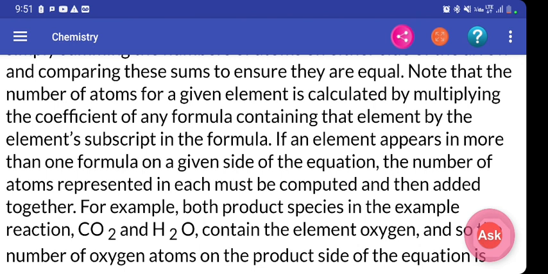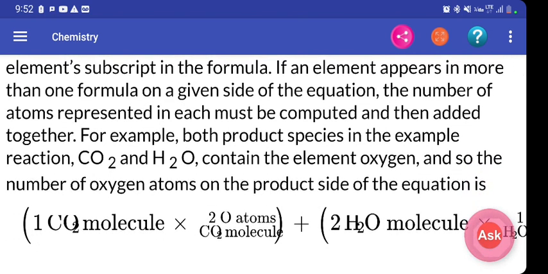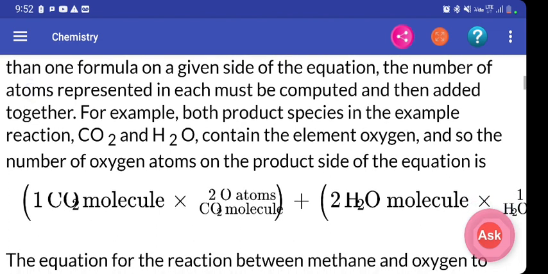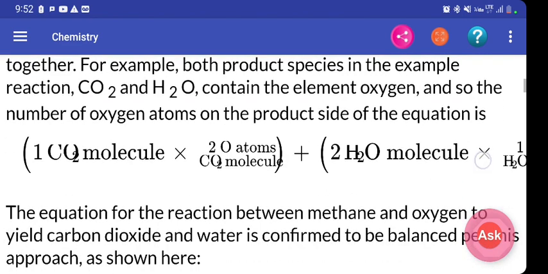If an element appears in more than one formula on a given side of the equation, the number of atoms represented in each must be computed and then added together. For example, both product species in the example reaction, CO2 and H2O, contain the element oxygen, and so the number of oxygen atoms on the product side of the equation is calculated accordingly.